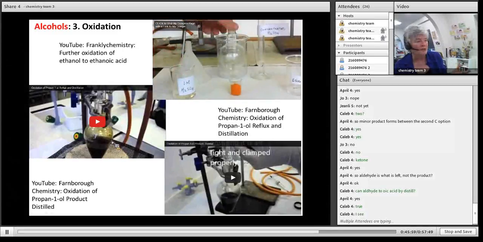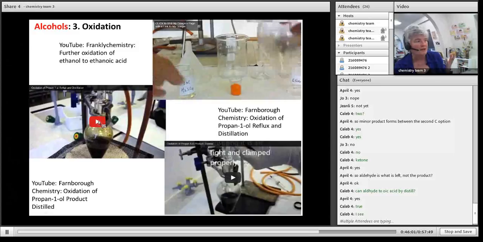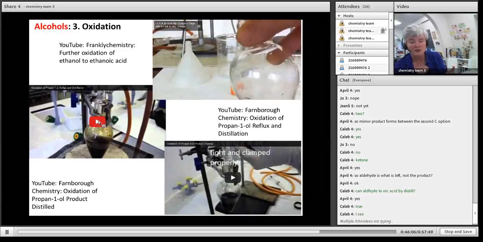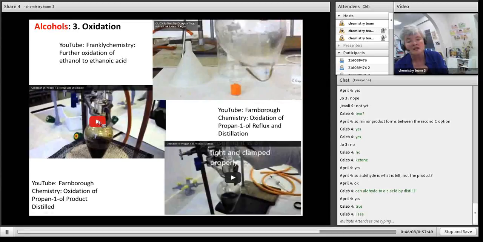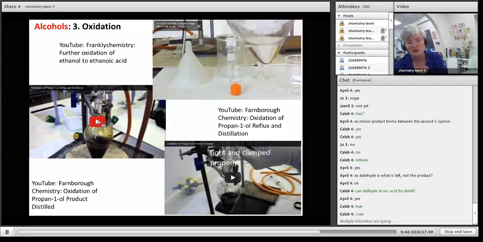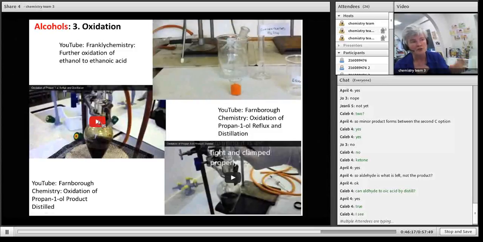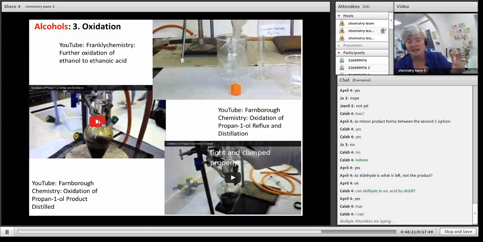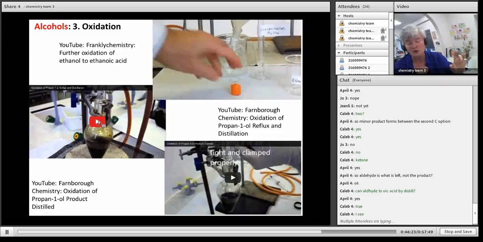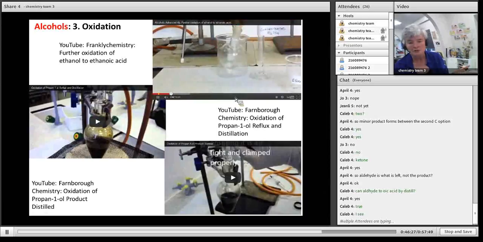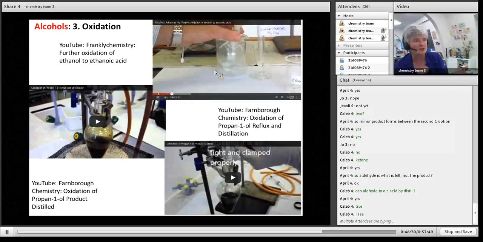So if you oxidize it with dichromate, the dichromate is going to turn green to the chromium 3 plus ions. So it's also an identification test as well. So if you had an unknown liquid and you wanted to check whether it was an alcohol, or a primary or a secondary one, you could react it with dichromate. So there he's showing the orange dichromate.